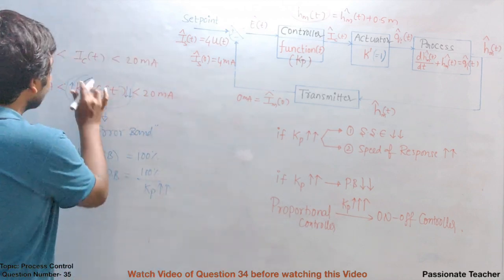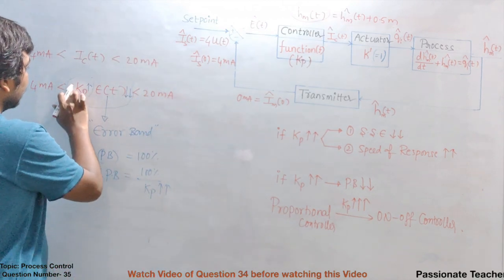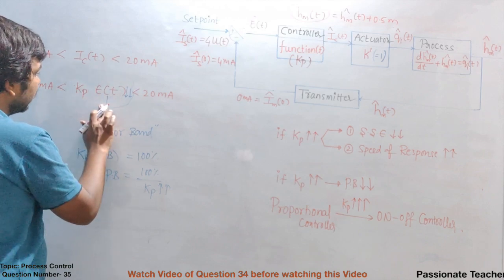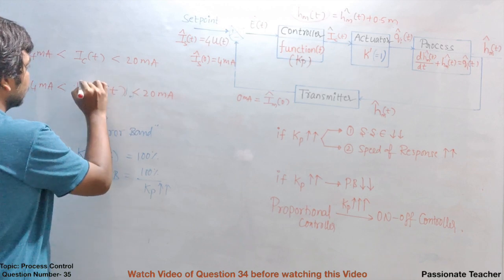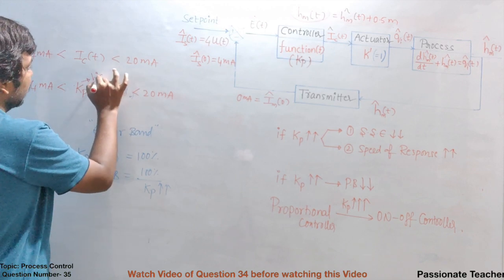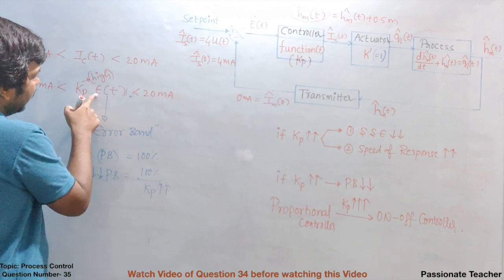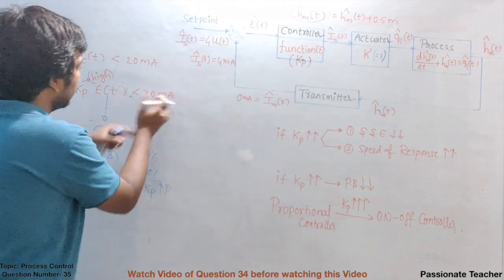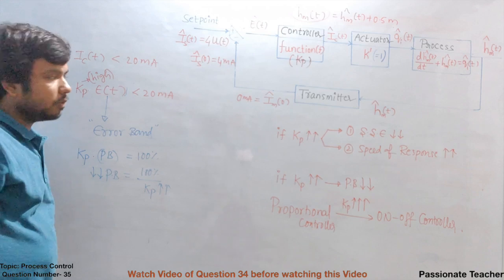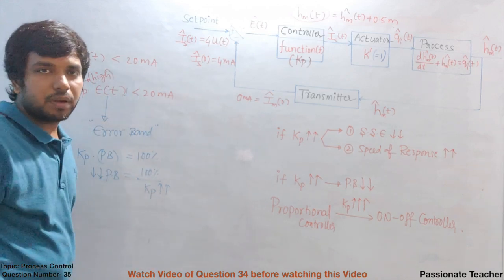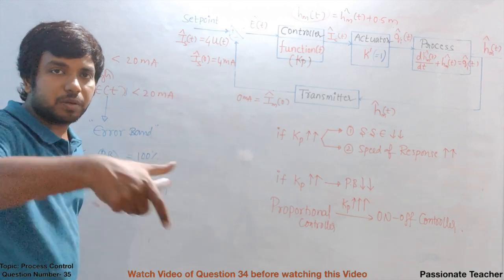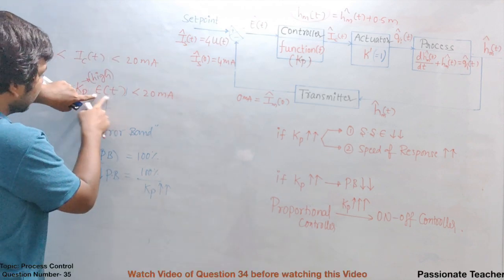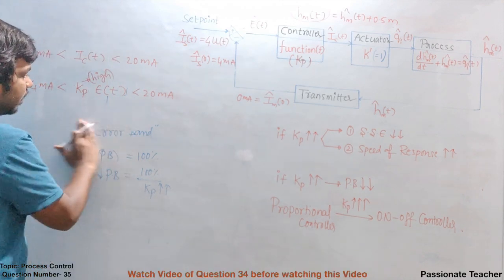Let me take this: as the Kp is very high, if the error is a very small positive quantity, this product will be more than 20 milliampere. Practically it will be equal to 20 milliampere, and the valve will be in an extreme position, either fully open or fully closed.